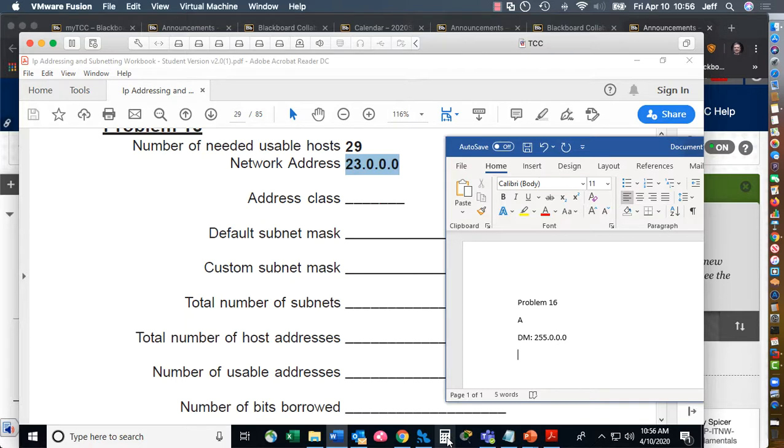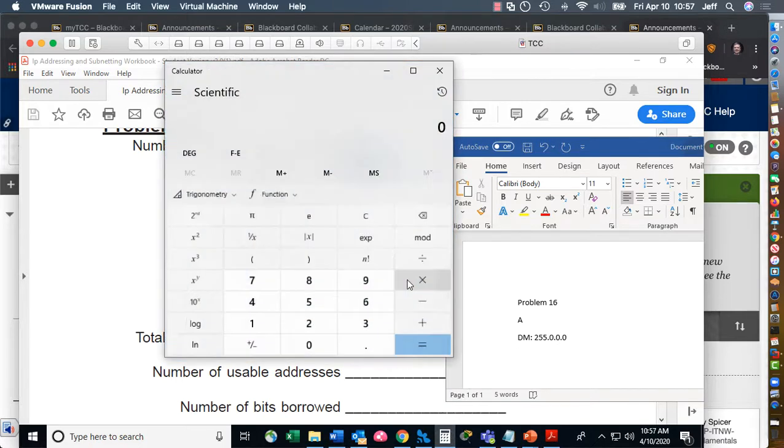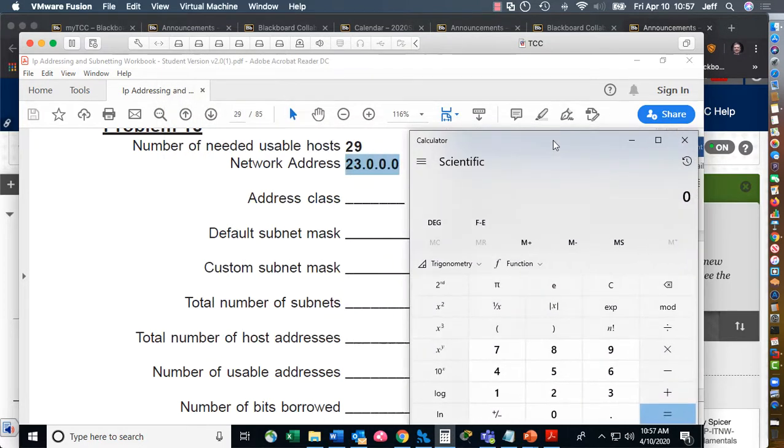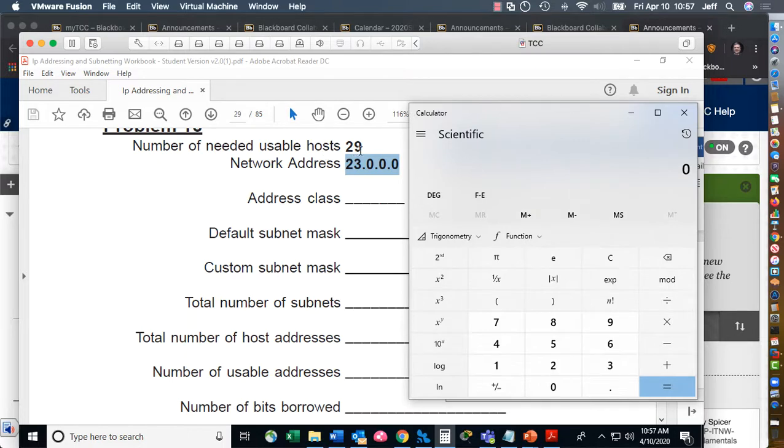So basically, we want 32, right? Because power of 2, right? You've got 16 and then 32. 16 is too small, so we need to go to the power of 2 to 32. So 2 to the 5th power is 32.